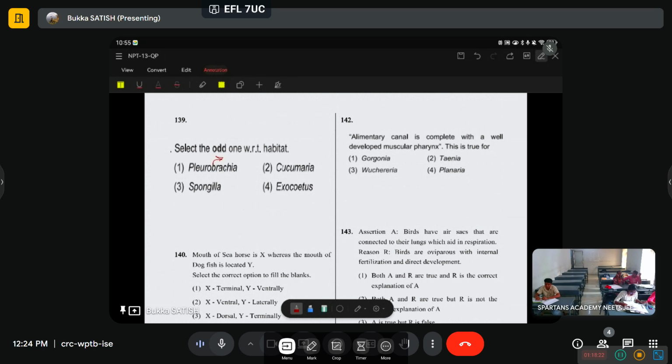Pleurobrachia is marine. All animals are marine. Cucumaria, marine. Spongilla, is it?